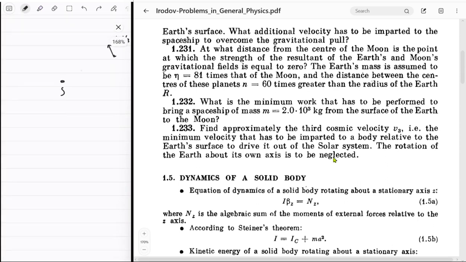So let's call the mass of sun ms. What did they give us? Rotation of Earth about its own axis is to be neglected. Okay, whatever. They didn't give us what the mass of sun is. So mass of sun, G times that, 2 of that upon the radius.